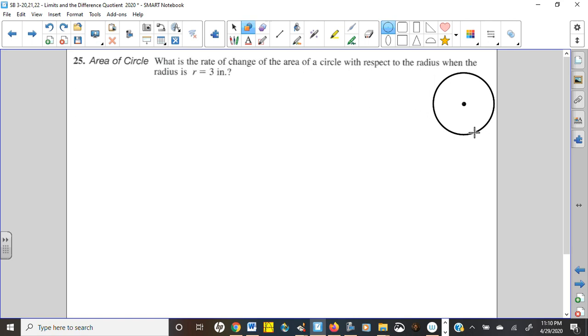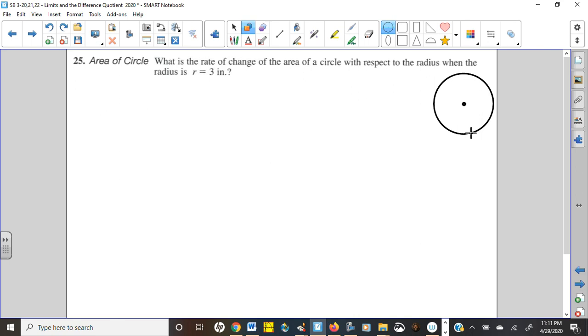You kind of learned this in geometry when we did LAV problems, length, area, volume, and we were setting up ratios. Like if the ratios of the sides were A to B, the ratio of the areas would have to be A squared to B squared, right? And it's the same idea. So this wants to know, exactly how fast is the area growing when the circle gets to 3 inches.